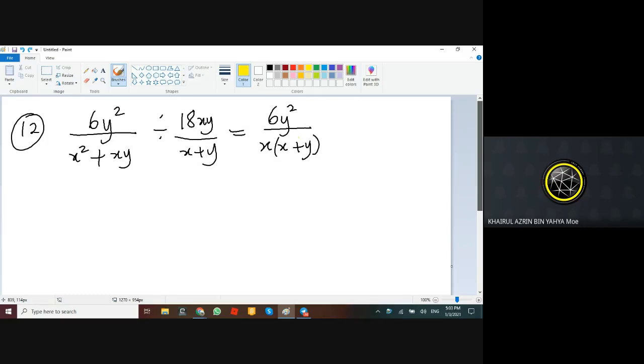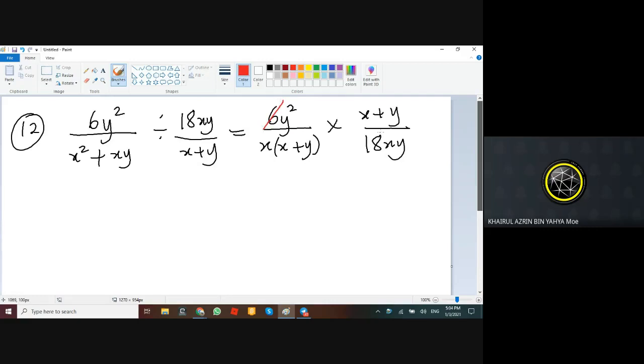And then divide, change to multiplication. And then the fraction we need to change upside down. Become x plus y over 18xy. Now we try to eliminate 6.